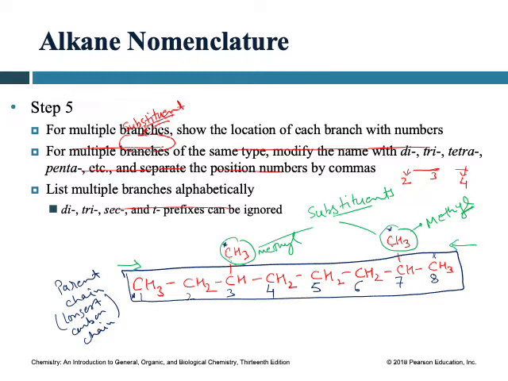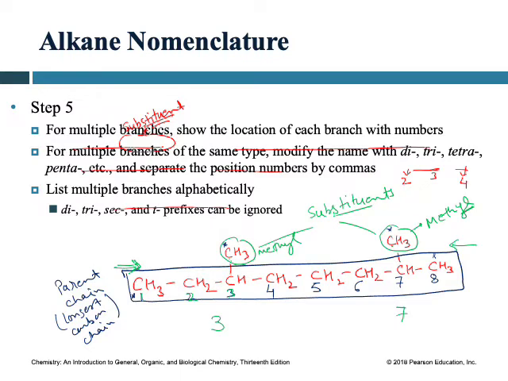So the rule says you have to start counting from that end that will give you the lowest number to the substituent, right? So let's take this example. If I would have started from this end, the left hand side, 1, 2, the first substituent is occurring on which carbon? Third. And then the second substituent is occurring on the 7th carbon, right?